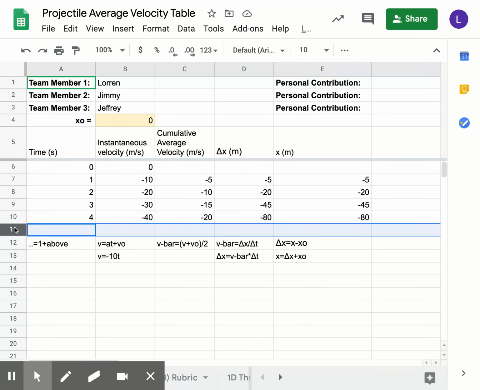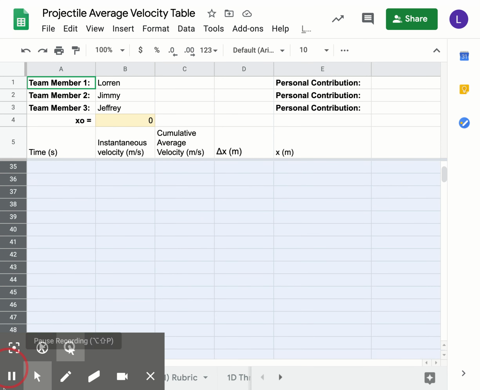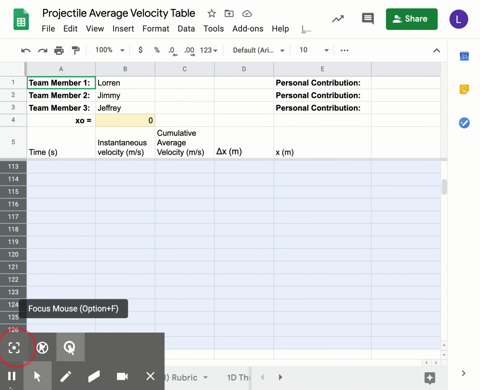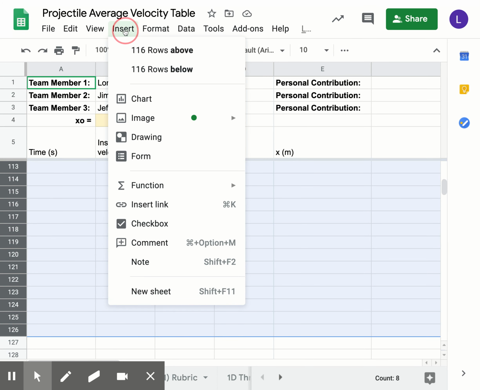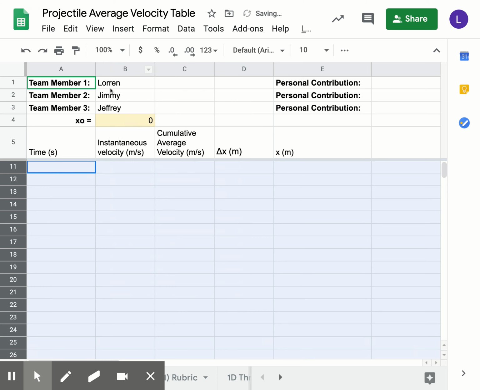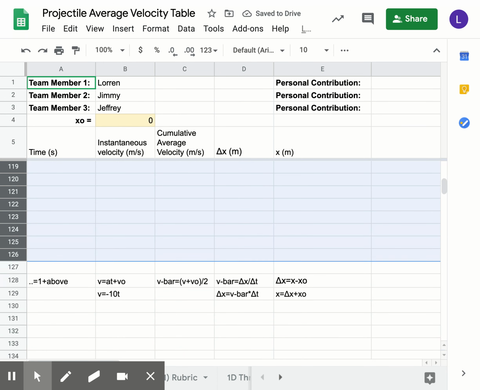To get to 120 rows, it's a simple matter for me to highlight these rows down to about 126 or so, and insert rows above. And we can see this here will go to about 126.